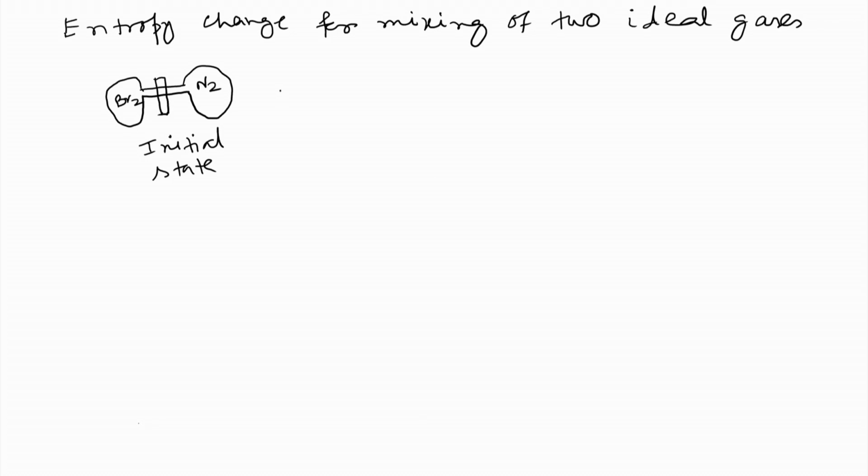If we remove the stopcock, they will mix, right. So, here we have bromine plus nitrogen, here also we have bromine plus nitrogen, and this is our final state.